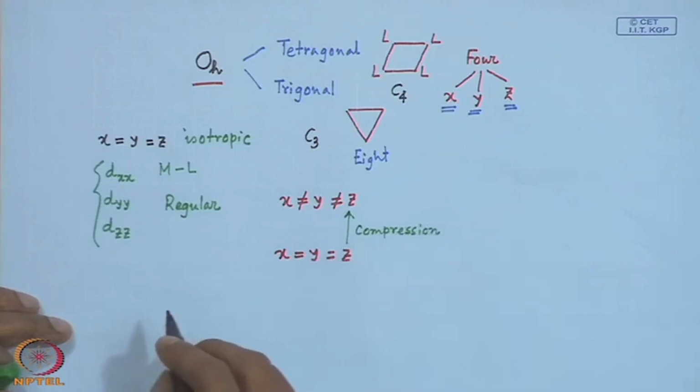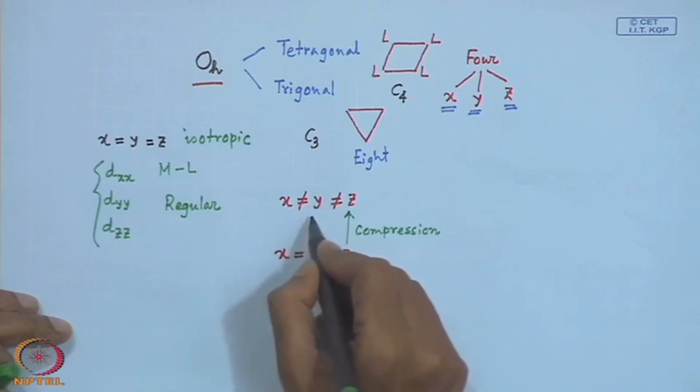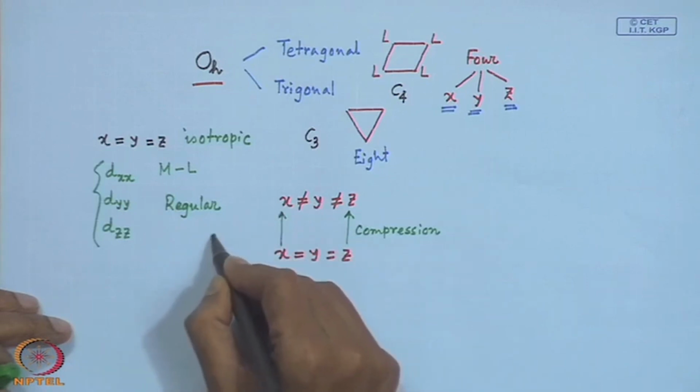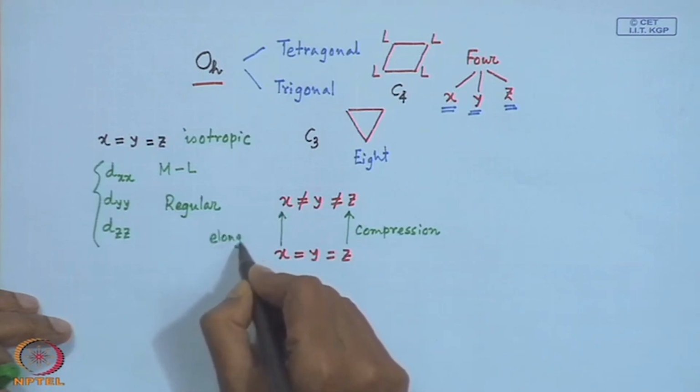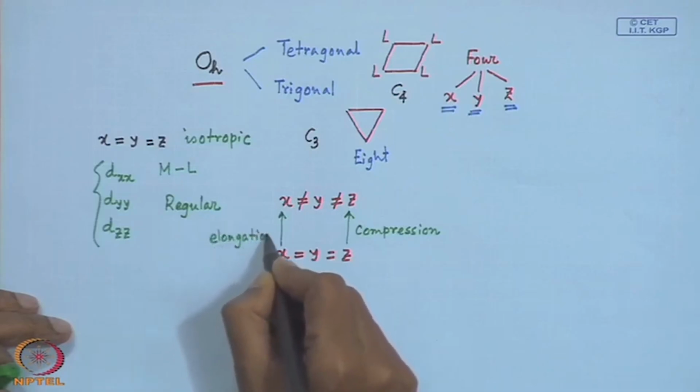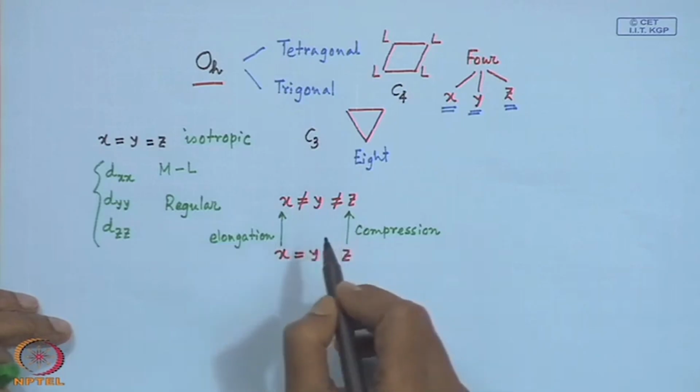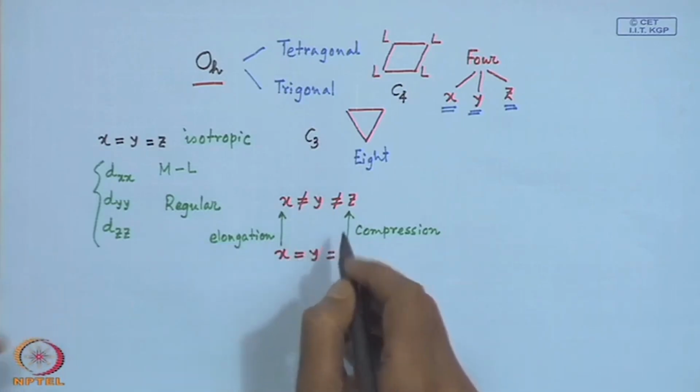compression, along x axis we have elongation, and y remains the same, y is not changing.